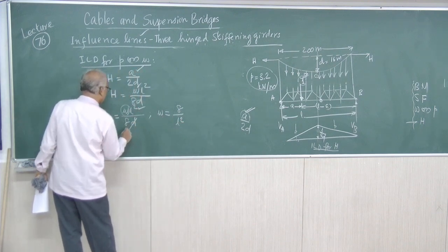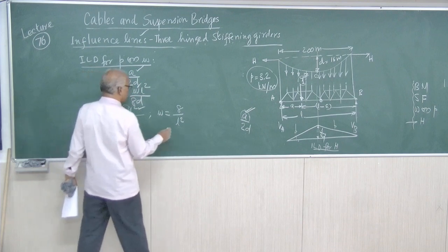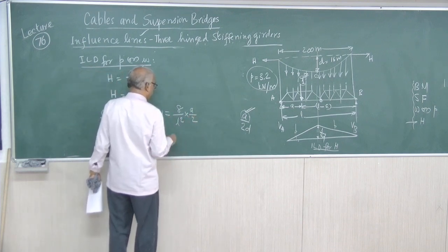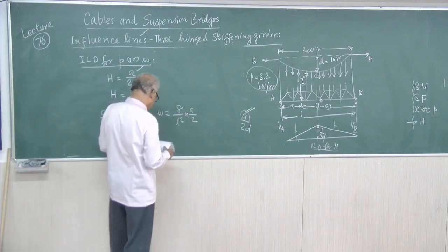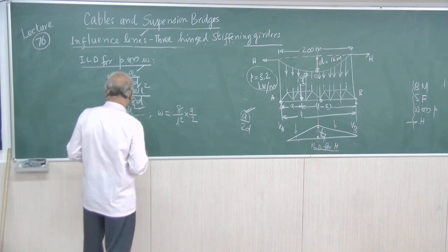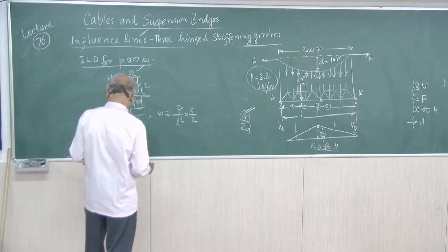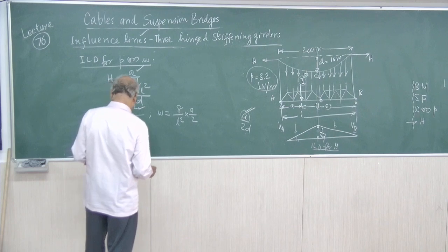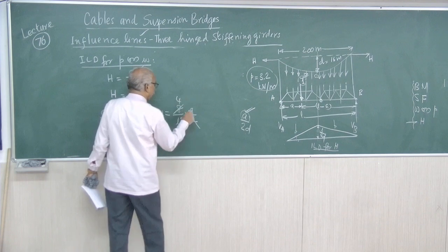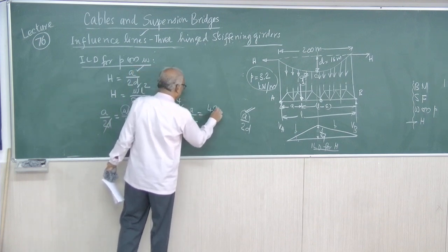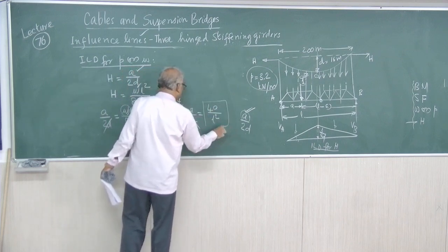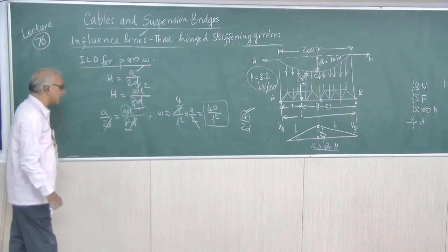Already there is A by 2. So A by 2D equal to WL square by 8D gives 4A by L square. So this is the governing equation. W equal to 4A by L square is the governing equation.